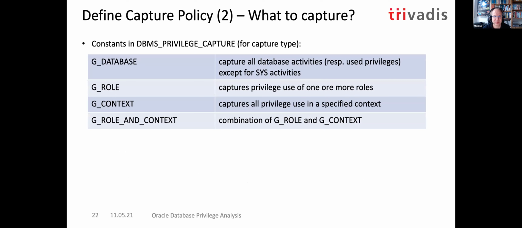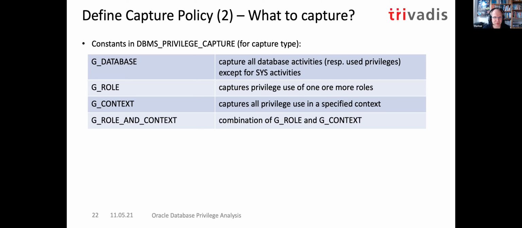So when defining, you have four categories. One is G_DATABASE, so it will capture all database activities. As mentioned, if you have only one application in your database, it's fine. But if you've got some more applications, this will generate a lot of data which you do not need and will, in addition, need more space in the SYSAUX tablespace.